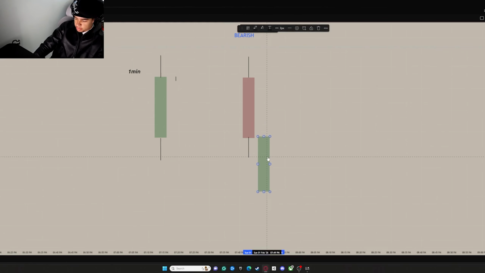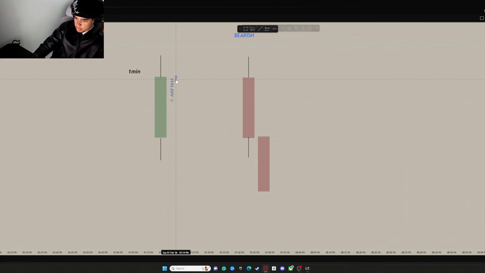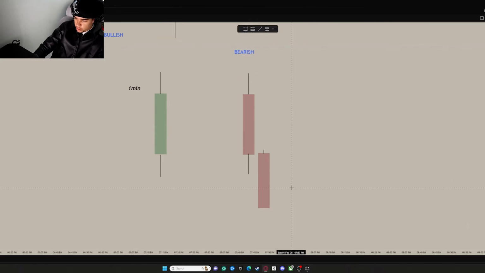Same thing, right? Let's make this red. Same thing. Let's even pretend it didn't even have a bottom wick, right? Still same thing. That means it closed below exactly where it was.